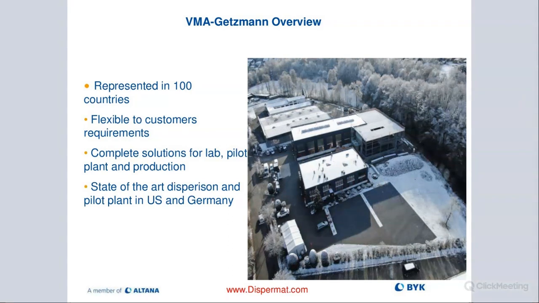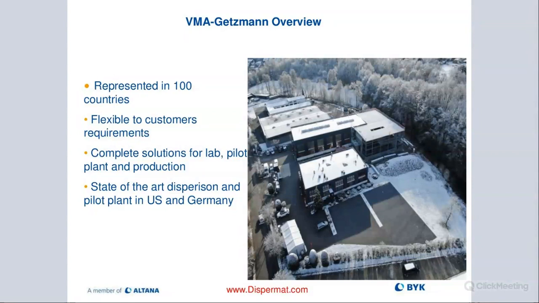So here is just a quick slide showing you the company located in Germany, about 60 miles east of Cologne, in a town called Reichshof. The company is all over the world, more than 100 countries. And one of the things VMA is known for is its flexibility.